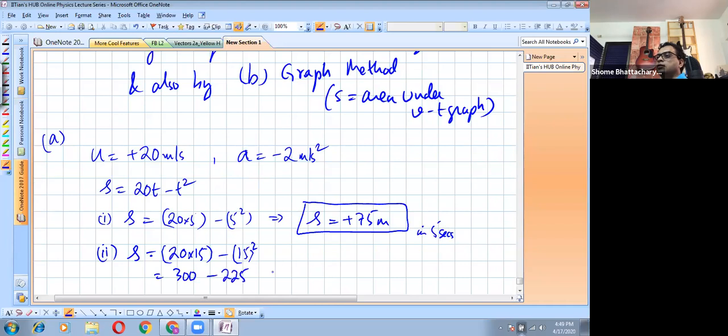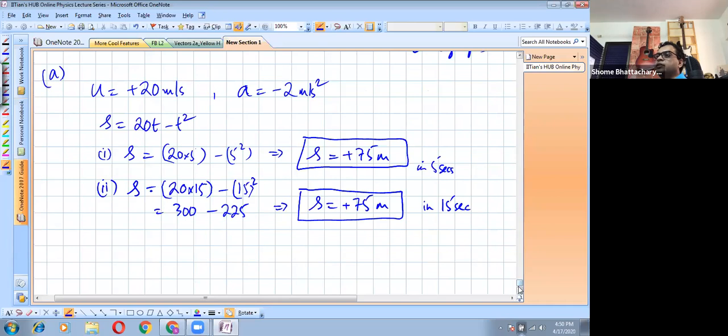Correct? So that should be plus 75 meters again. Okay. So it's very interesting. Why in 15 seconds the displacement is the same thing as the value in 5 seconds? Because in between he is going to be turning.